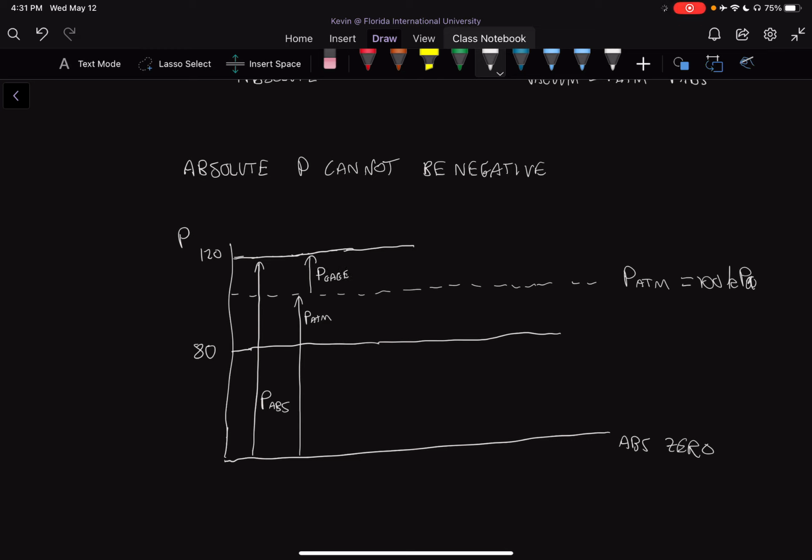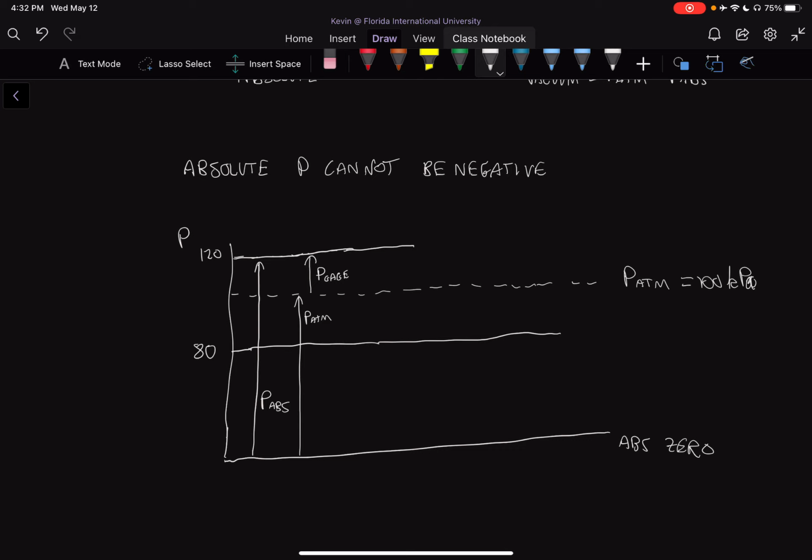And our P gauge is usually what we measure in the real world, because we have atmospheric pressure everywhere. Atmospheric pressure is all around our body, but we don't feel it because it equals out. Everything is 0, right? If you're just standing there, you don't feel 100 kilopascals of force going to the left and 100 kilopascals of force going to the right.